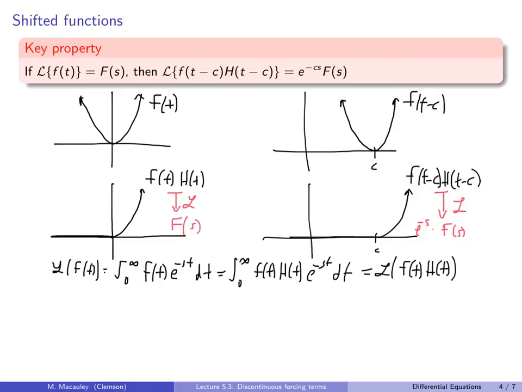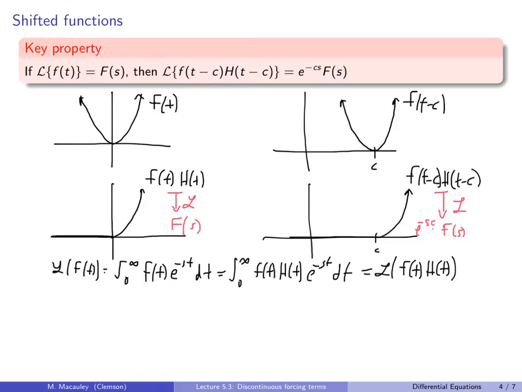Oh, I forgot my c. E to the minus cs, put a c right there. So one way to say that, what engineers will say, is that a shift in the time domain corresponds to multiplication by an exponential in the frequency domain, in the s domain.